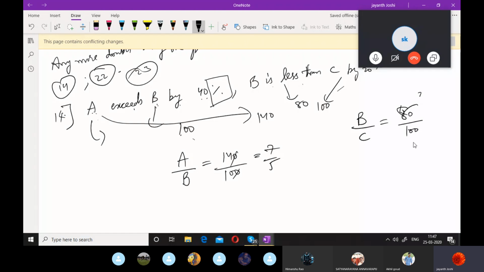B is less than C by 20%. So 4s are and 5s are. So B by C is equal to 4 by 5.